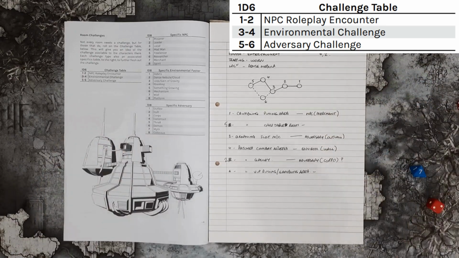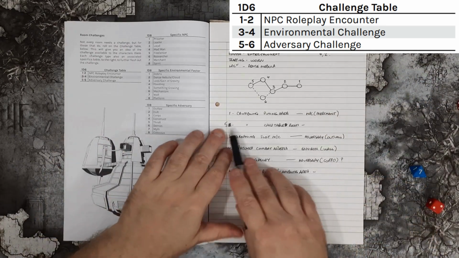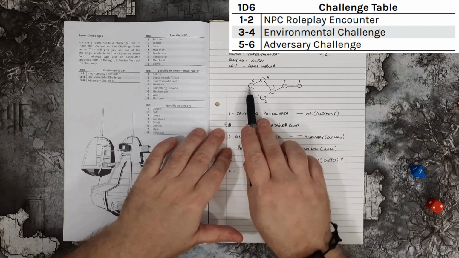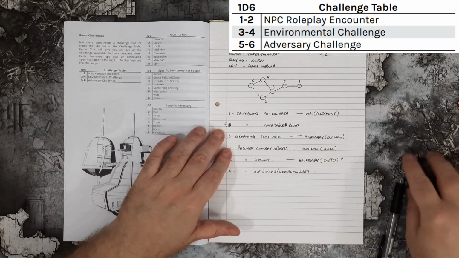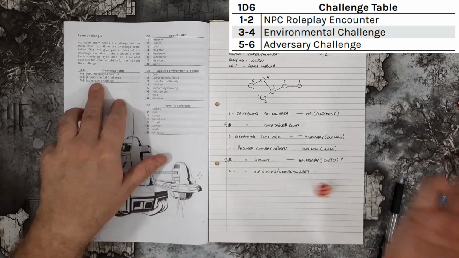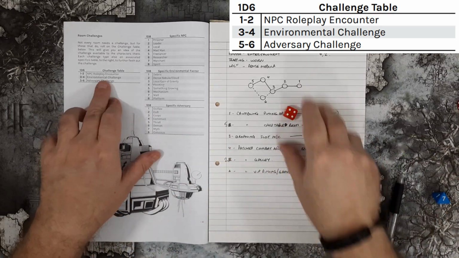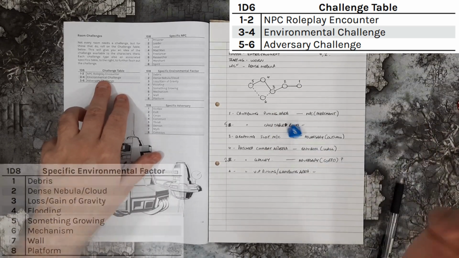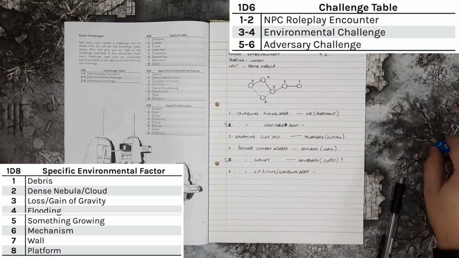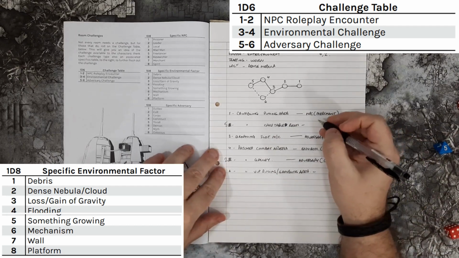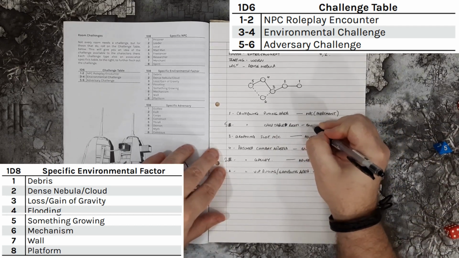That could work. Then we've got area 5, which is our card table room, which I moved from here. So the card table room is also crumbling, very bad state of affairs. So we get a 4 environment as well. 5, something growing. Ooh. So this again is environment.